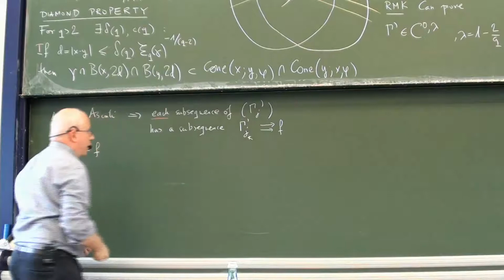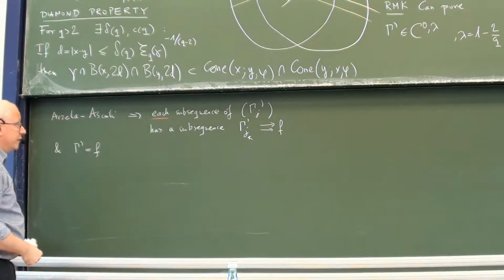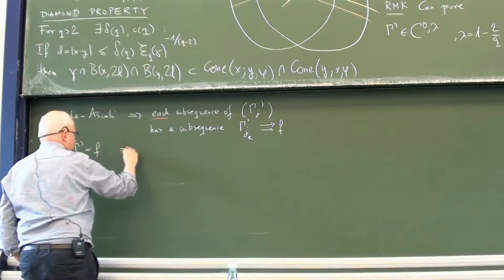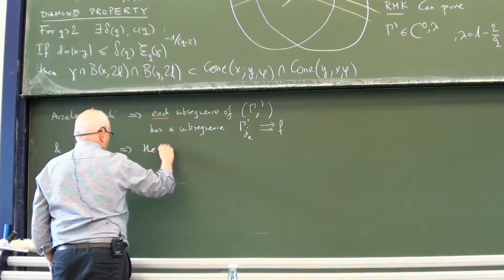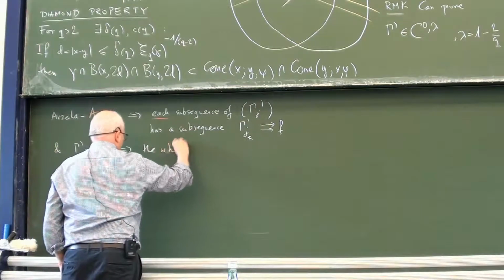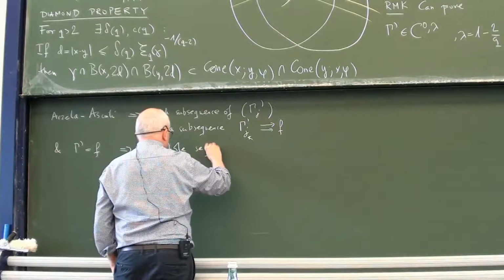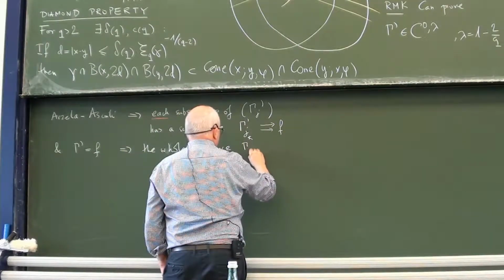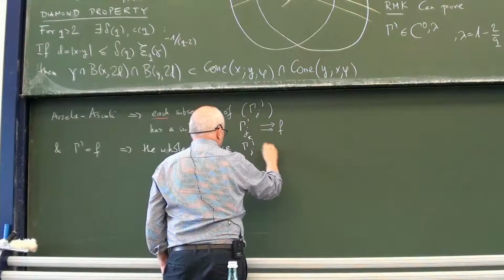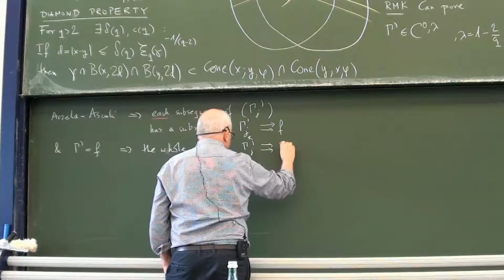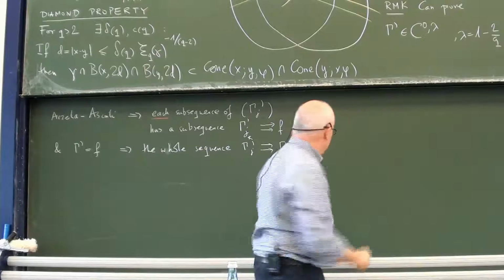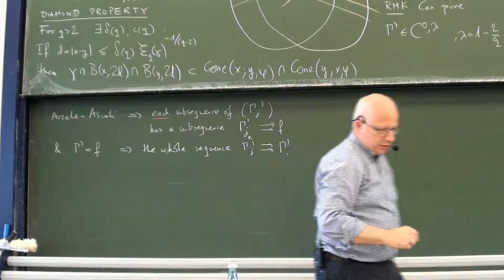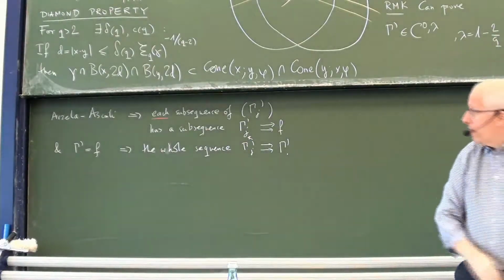And since this applies to each subsequence of gamma_j prime, then you know that the whole sequence gamma_j prime converges uniformly to gamma prime. It cannot converge to anything else.